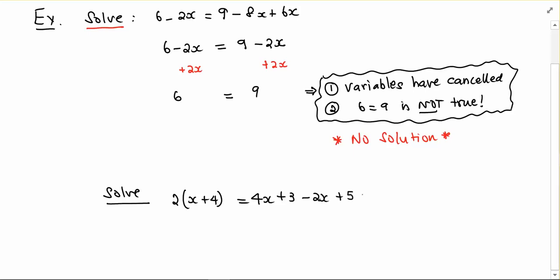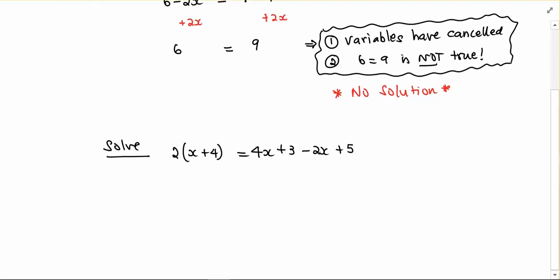So again, let's start by simplifying the two sides. So over here on the left side, we're going to distribute. And the right side, we can combine some like terms. So those two can be combined, and I get 2x. And then 3 and 5 can be combined, and I get 8.